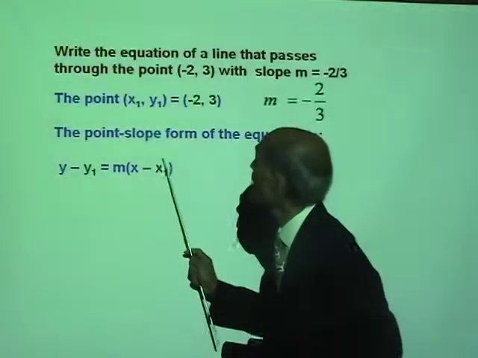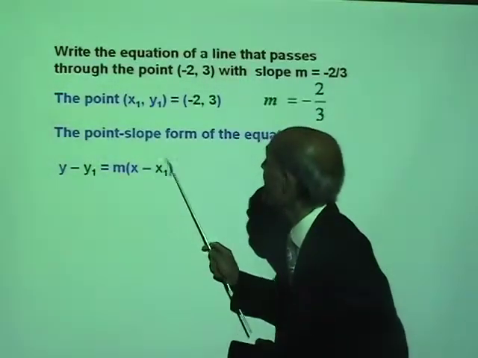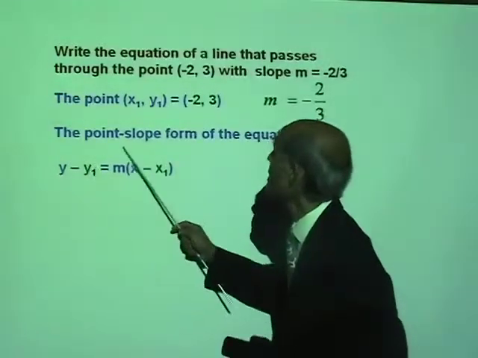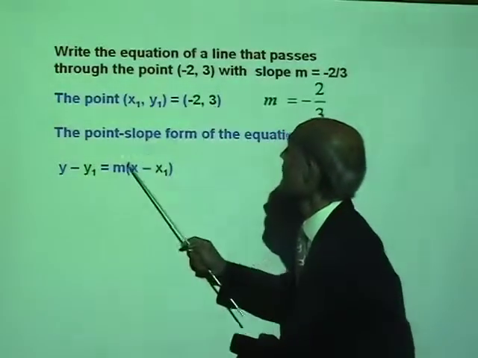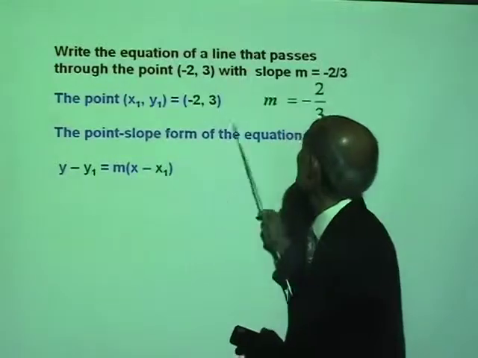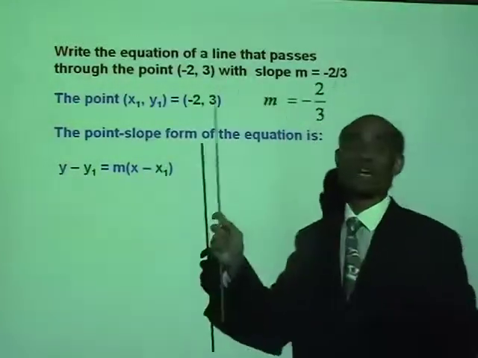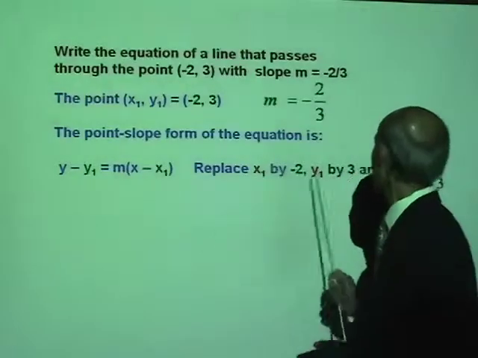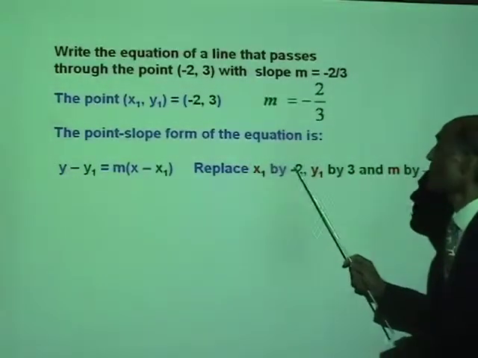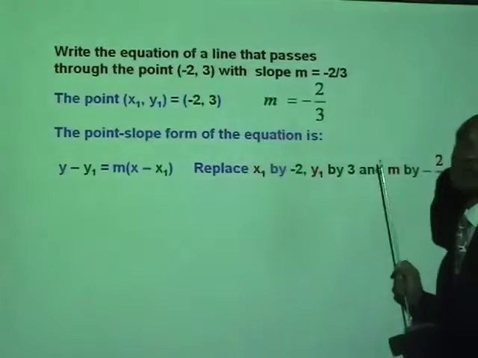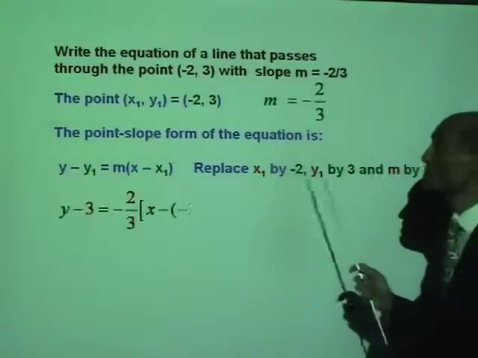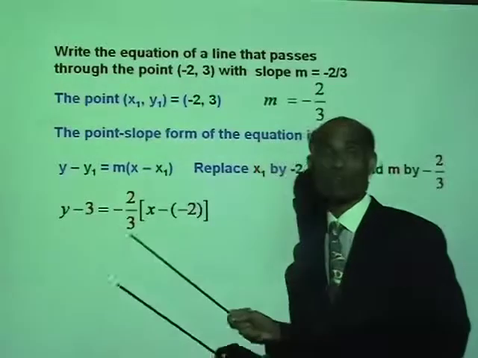And you know the value of x1, x1 equal to -2, y1 equal to 3, and m equal to -2/3. Let's replace those values. So, replace x1 by -2, y1 by 3, and m by -2/3. This is what you get.